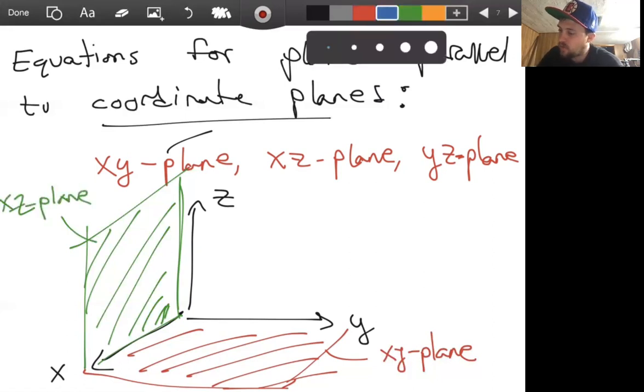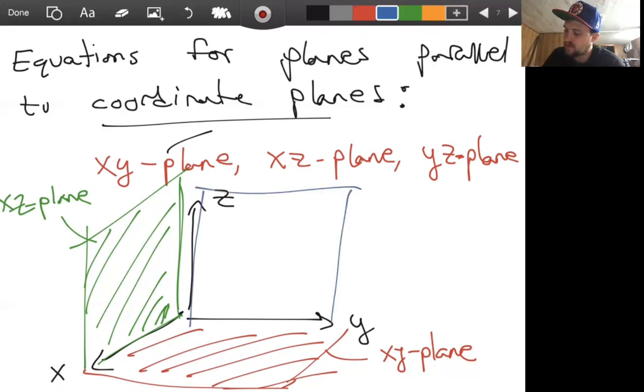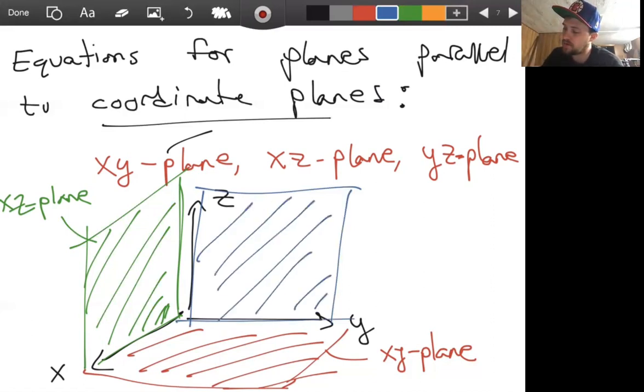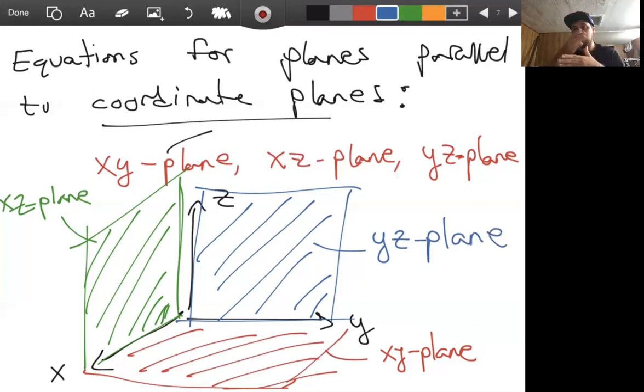And then we have the YZ plane, which is just completely in the screen, right? No in and out of the screen right now. In blue here, this would be the YZ plane. And we call these the coordinate planes because they completely determine your coordinate system here.